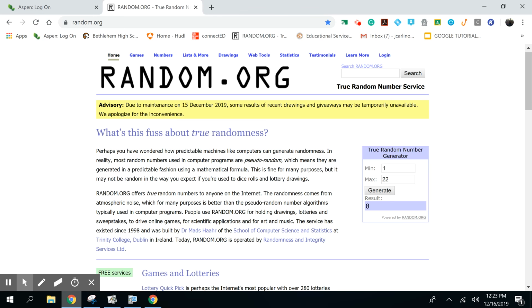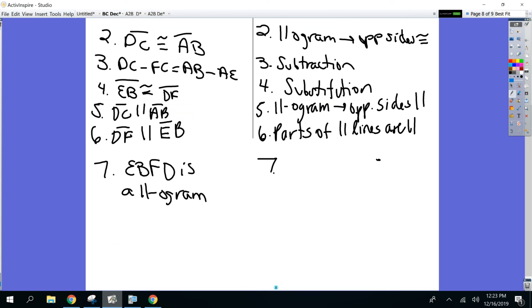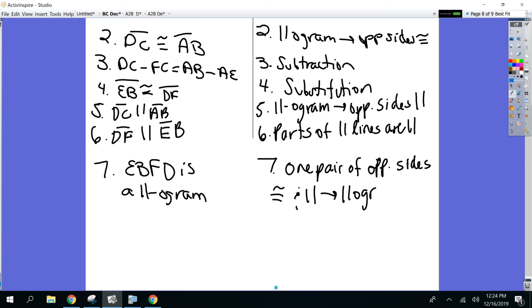I would have known that, right? Karma. 7. Perfect. Implies parallelogram.